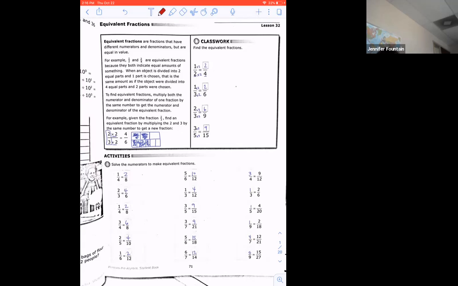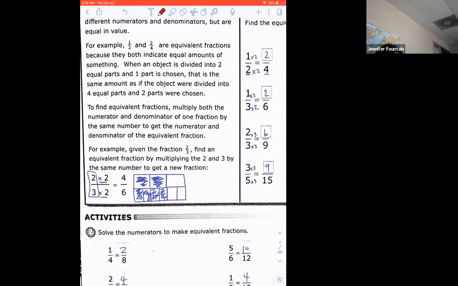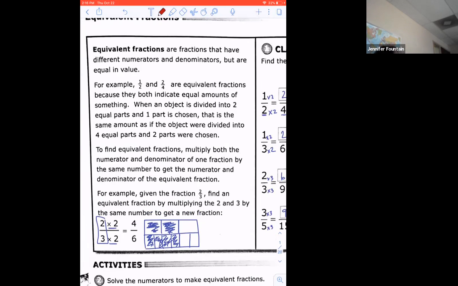Look at number 1, it says fractions that have different numerators and denominators but are equal in value are called what? Equivalent fractions. So number 1 is equivalent fractions.